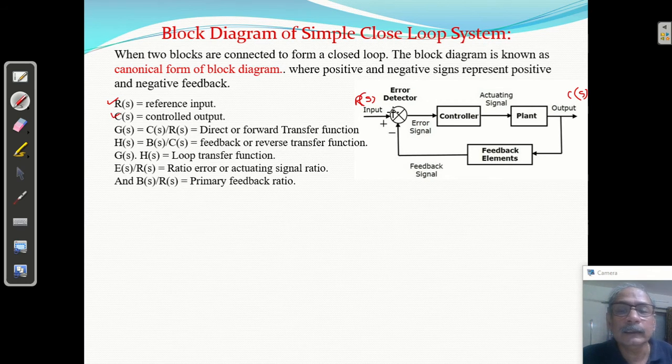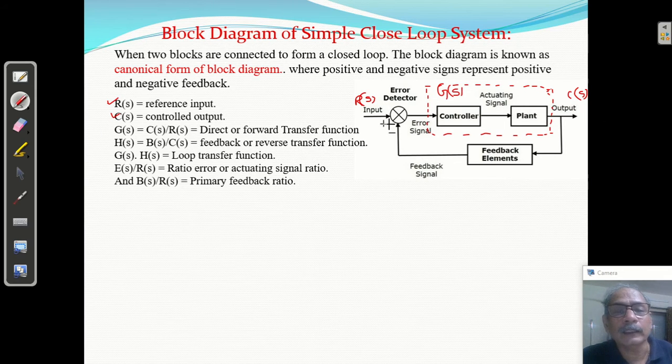Clear? This is the forward path gain here. There can be two parts in it, but this is the forward path. The path gain of the forward path is represented by G of S. G of S is what?